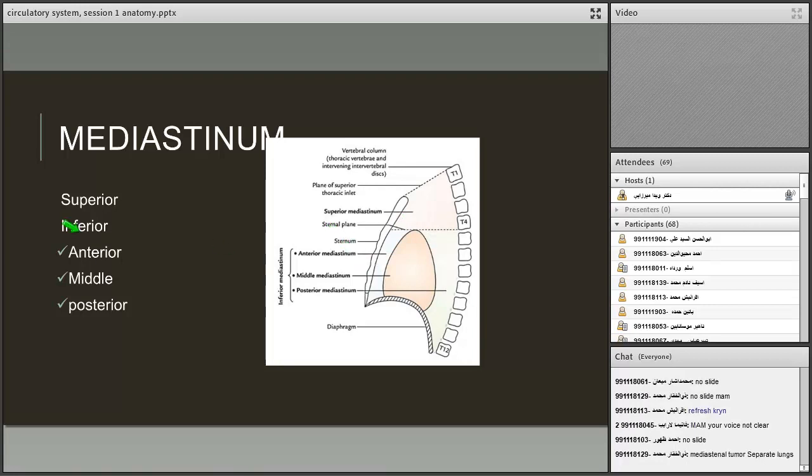Okay? The inferior mediastinum is also divided into three parts: anterior, middle, and posterior.